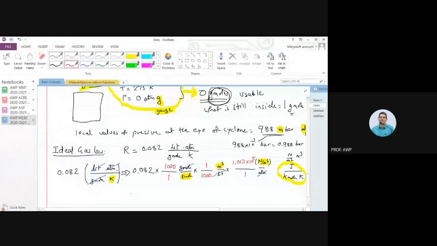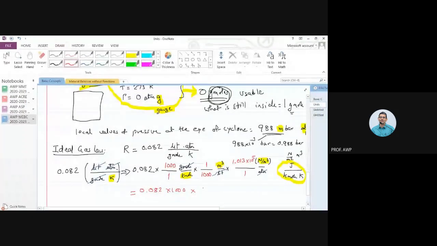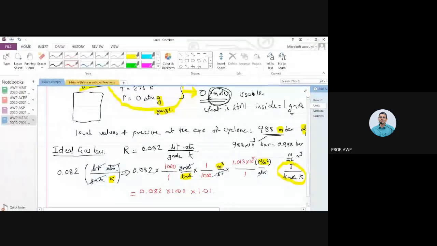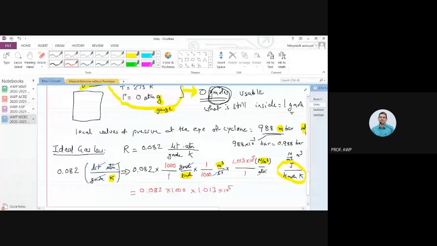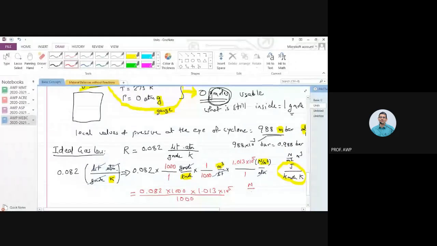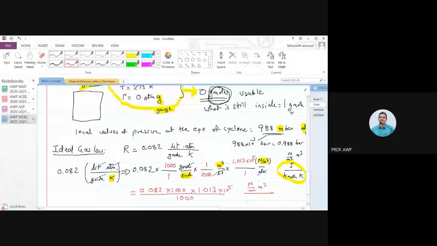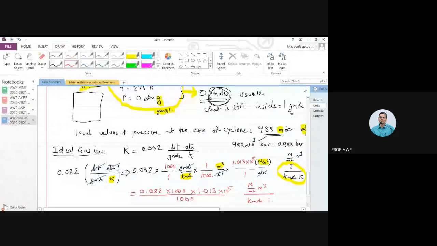So our answer would be 0.082 into 1000 into 1.013 into 10 raised to 5 divided by 1000, in units of Newton per meter square, meter cube, per kilomole Kelvin.